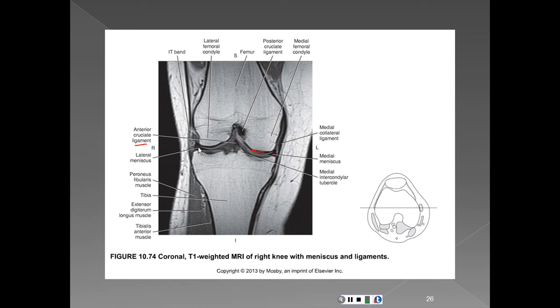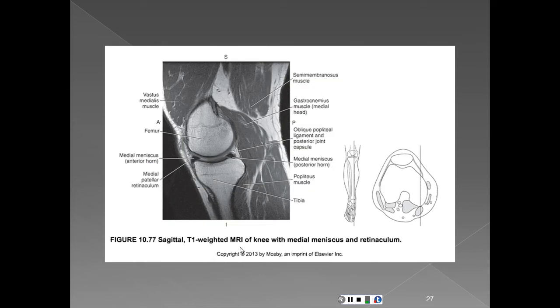This dark area of fluid, lateral meniscus, dark area of fluid, and the medial meniscus. Intercondylar tubercle, the peroneus fibularis muscle, and the tibialis anterior, which crosses the anterior portion of the tibia.